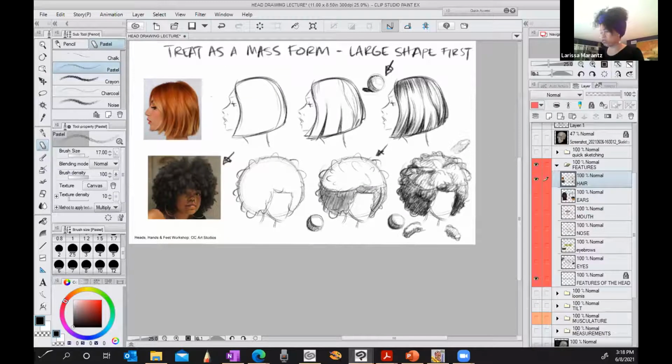And then what I'll do is go into that and start to define and refine, with smaller and smaller shapes, starting with large to small. So then you have smaller locks of hair, and you start to divide them up. And each of those, let me just go in here, each of those is a form that is catching light and is casting a shadow.